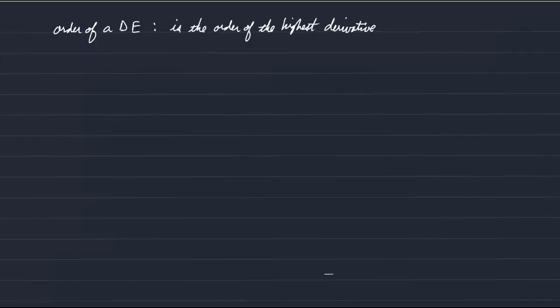And a differential equation of order n will have n integration constants, or n conditions on the independent variable that need to be satisfied.